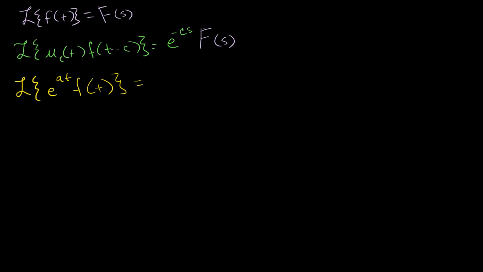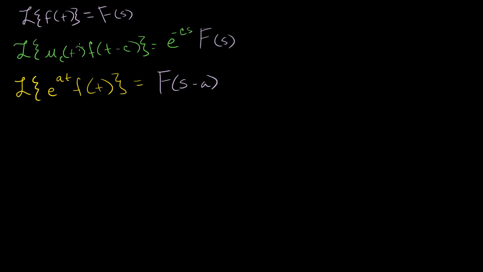Here we shifted the f of t, and we got just a regular F of s. In this situation, when we multiply it times the e to the positive at, we end up shifting the actual transform. So this becomes F of s minus a.